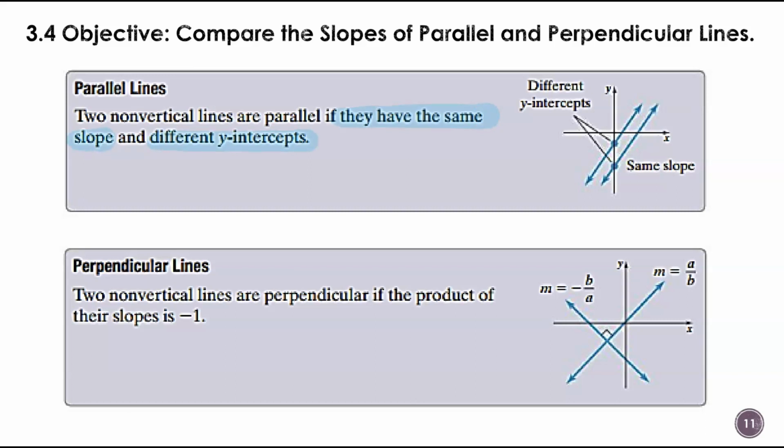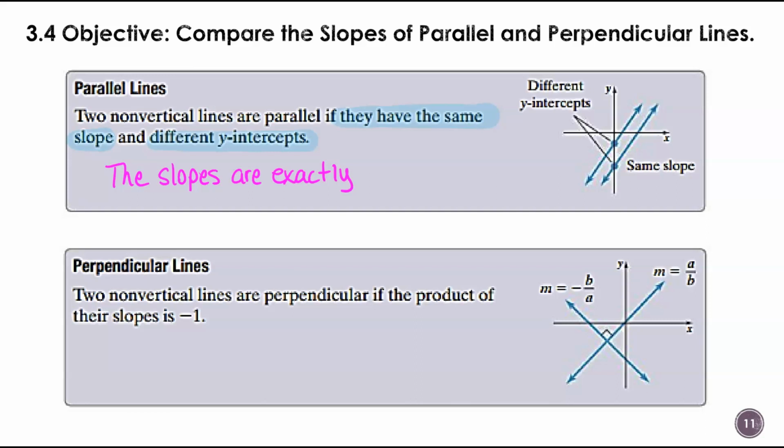Now that means the slope has to match exactly, right? The slopes are exactly the same. I'm saying this because in the past I've had students who will say things like, the slopes are the same except one's negative and one's positive. Well, if they don't have the same sign, then they're not the same.